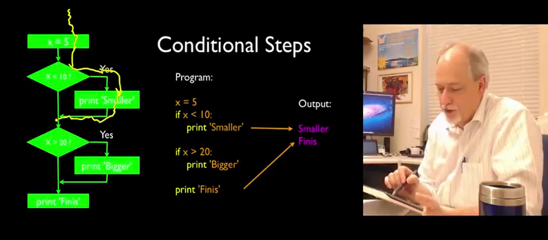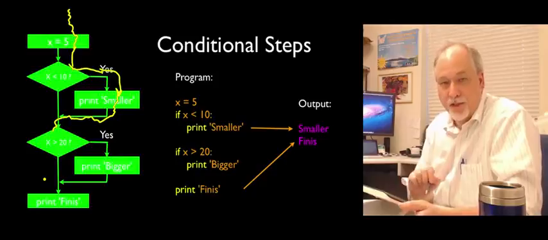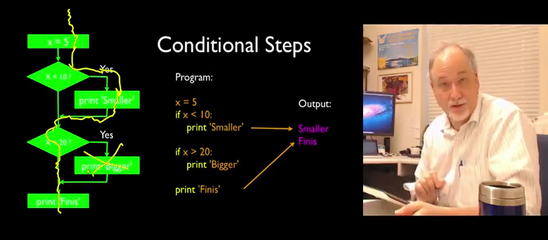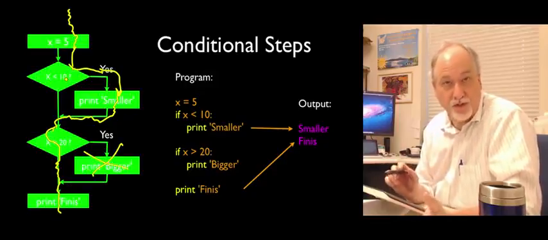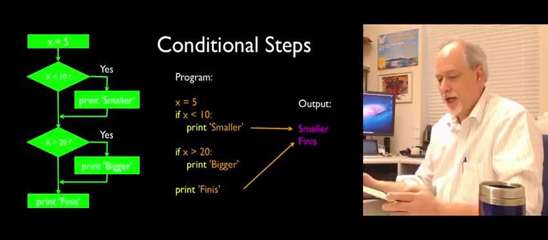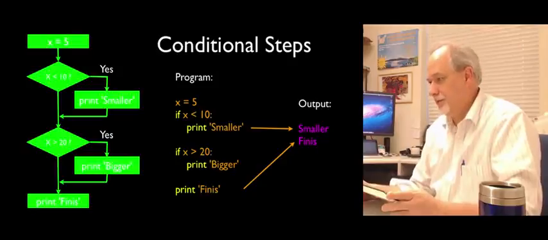Great. And I follow the little road. And now the road takes me to here. And it's asking another question. Is x greater than 20? This time the answer is no. So I'd come down here. Right? And so this bit of code is never executed. Now, this is a very simple example, but you get the basic idea. Okay? So that's conditional execution.